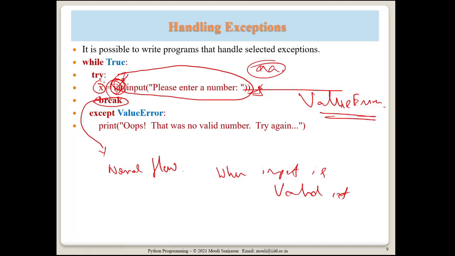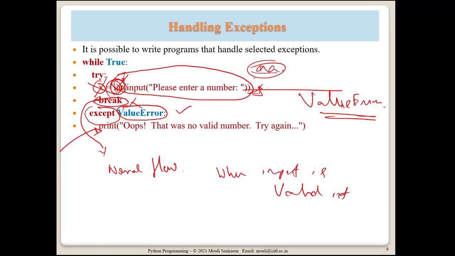Now what happens? X is not assigned a valid value. Break is not executed. So since you have put an except clause and you are looking for a ValueError and you are willing to handle it, control will come here.